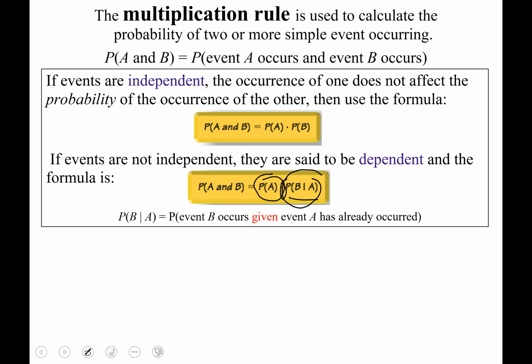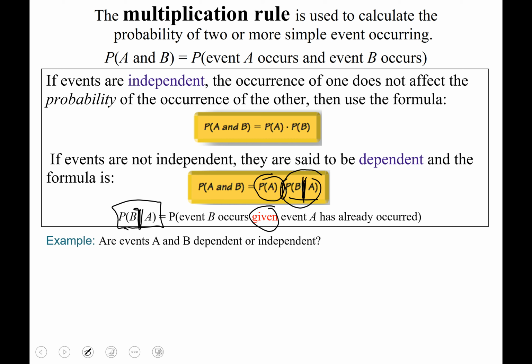The probability that event B occurs given event A has already occurred. So when you see this vertical line, I would like to make it a little longer so it doesn't look like the letter I. When you see that vertical line, you read that as given. Okay, so same thing here. Let's make this a little longer. It's not an I, it's a vertical line.